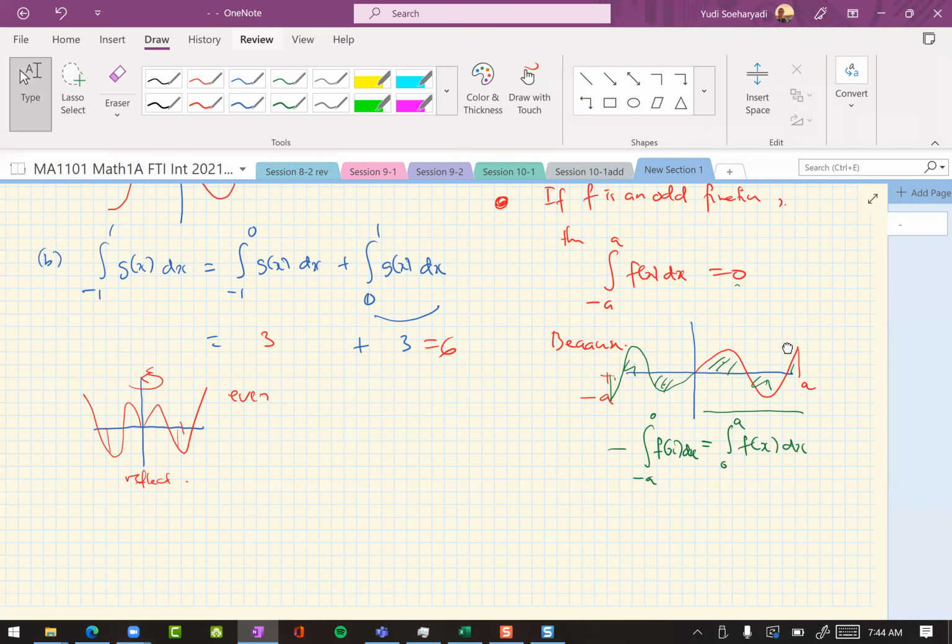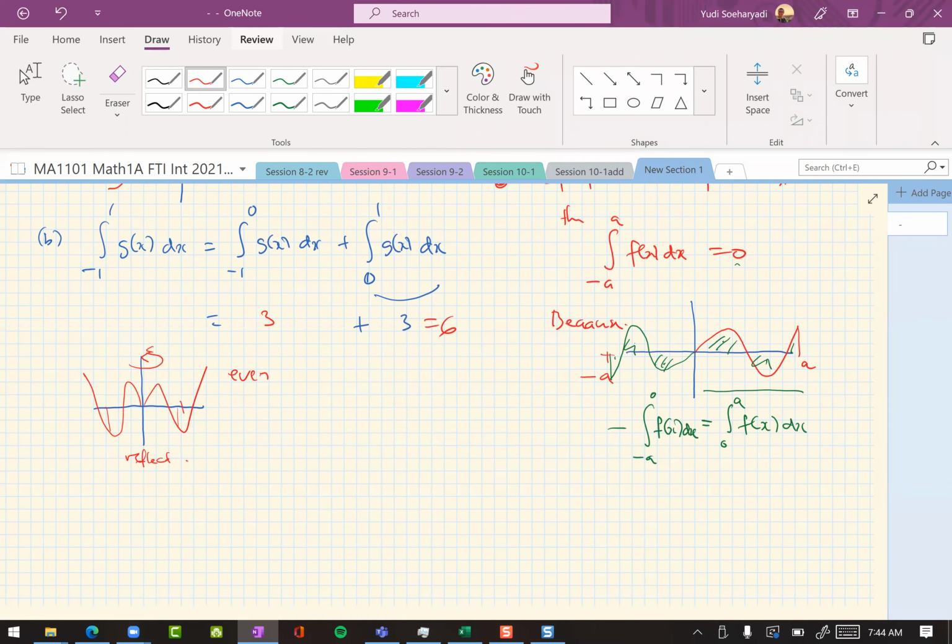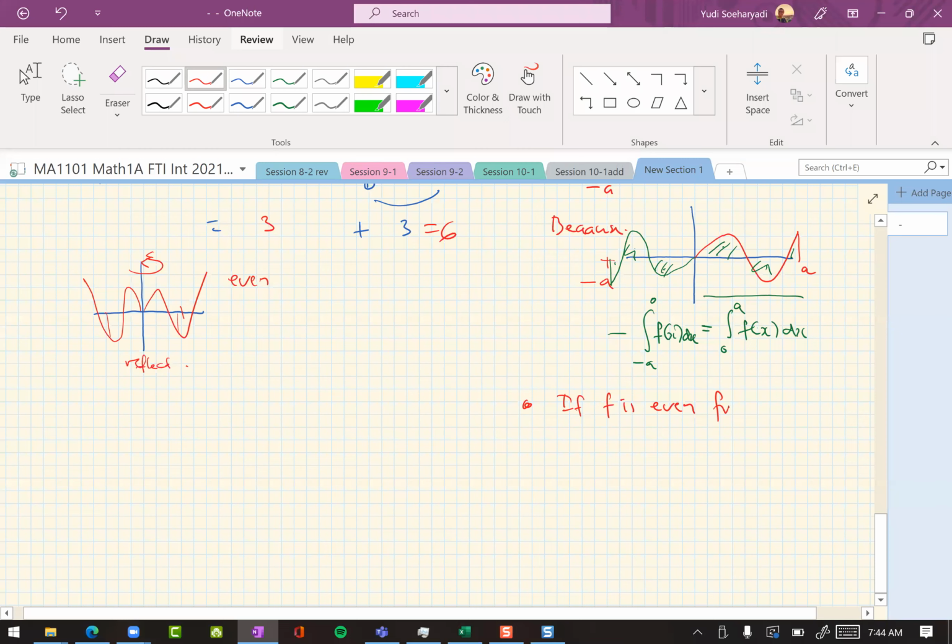Okay. But if you have an even function, and you compute this one from negative A to A, what you get is, if you compare it to this, this is only one half of this, so this is just twice. See? So because of the geometry, that's what I remark from those problems.